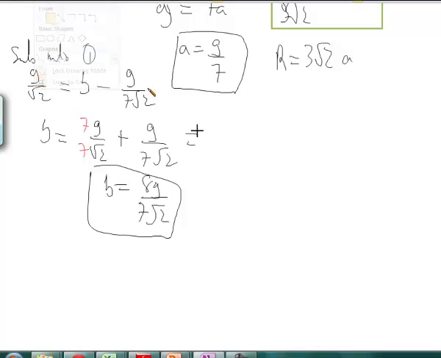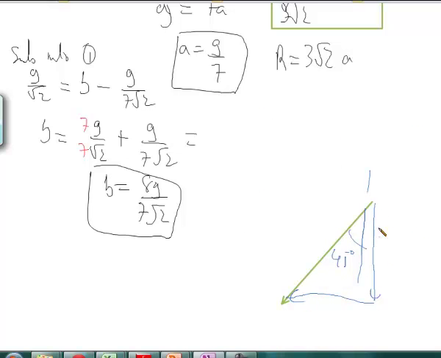Okay, we'll quickly take b there. We know the magnitude of b is like that there, but we also know that this angle here is 45 degrees. So, to get this in terms of i and j, we need this vector here and this vector here. This will be 8g over 7 root 2 times cos 45.